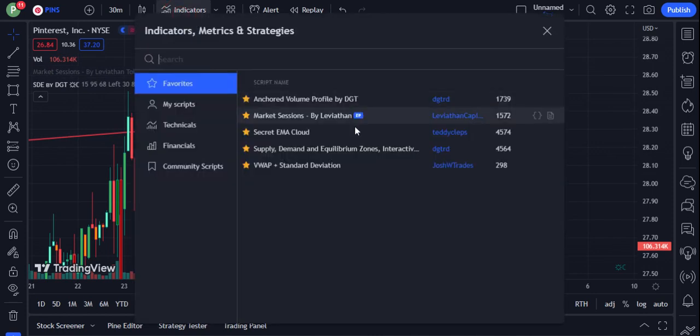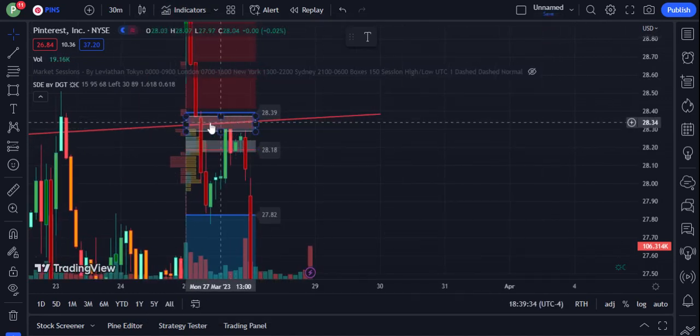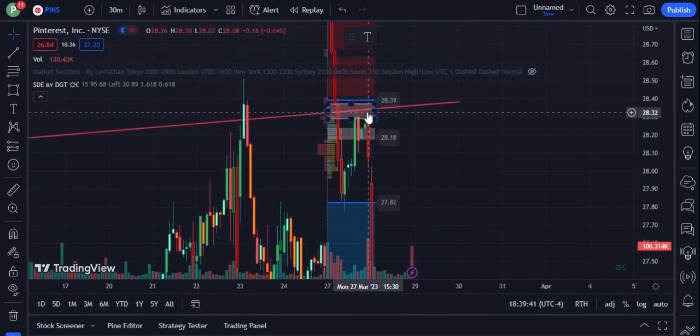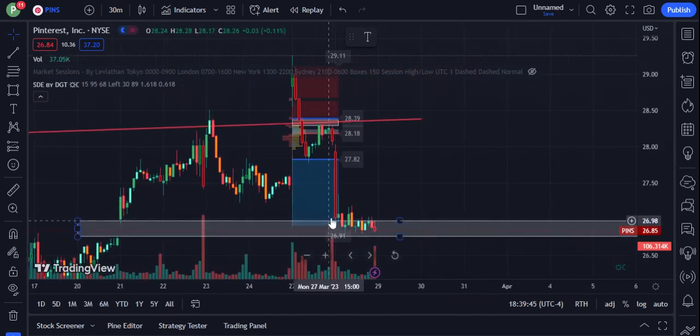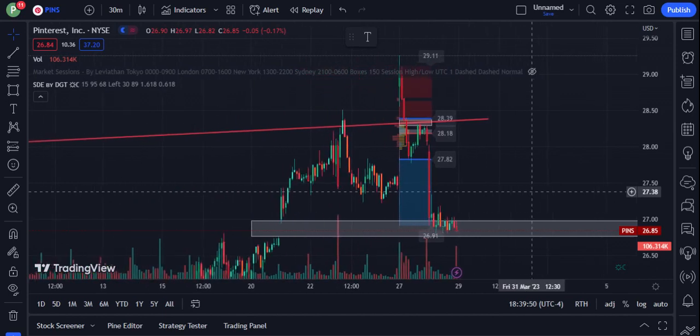Use this indicator, okay? Supply, demand, and equilibrium zones. How I want you to use it is to look for these imbalances where there's no volume. See that? Now if you're bearish, which I was, wait for price to retrace into this area, and that's a perfect swing right there. Perfect swing, perfect price target. I targeted the gap. There's nothing better you can ask for, honestly.